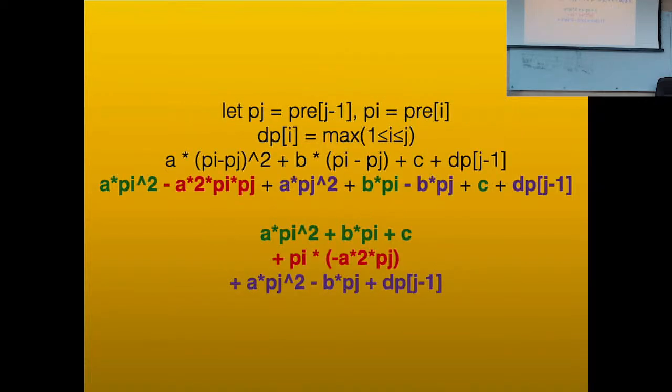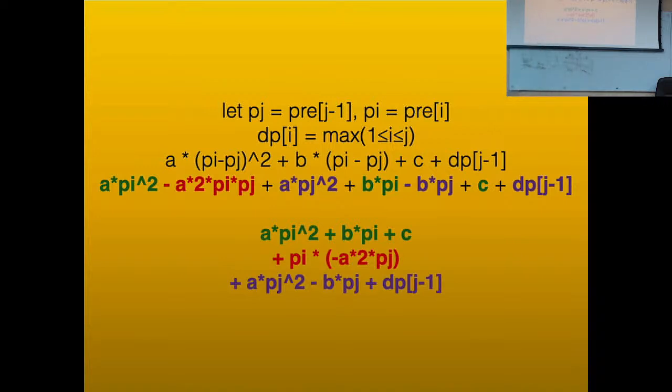Now, because typing pre is too long, let's just say P J minus 1, which is this prefix sum is P J, and then this is P I. I'll write the formula again. We want to find a J such that DP J minus 1 plus the score that we get from this is maximum, right?